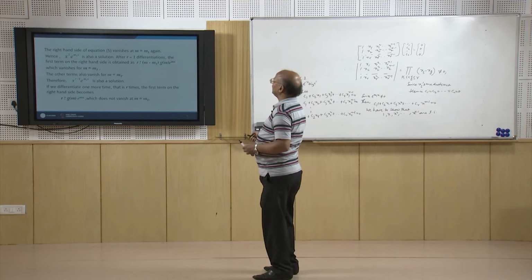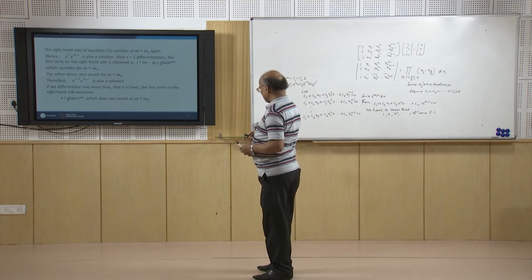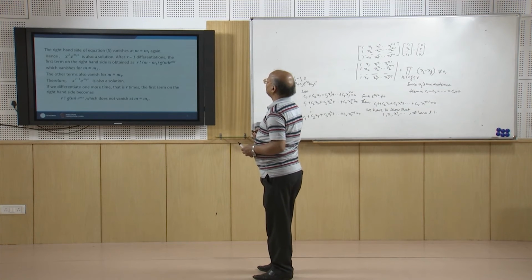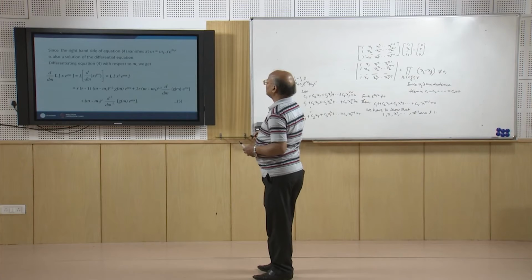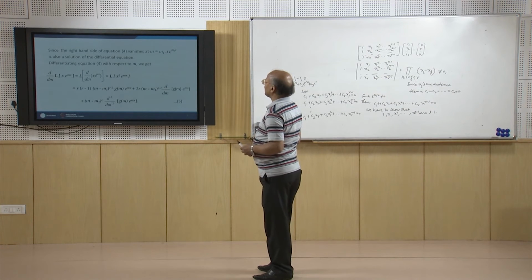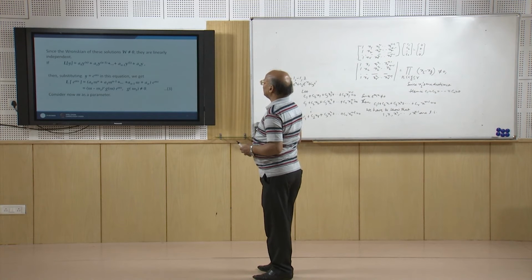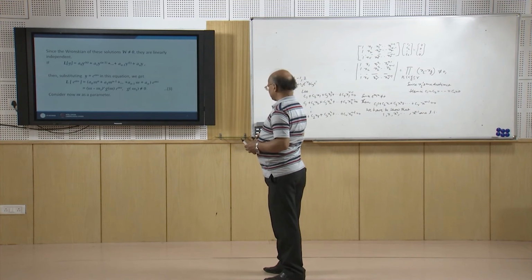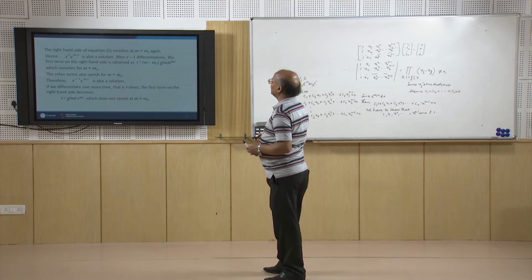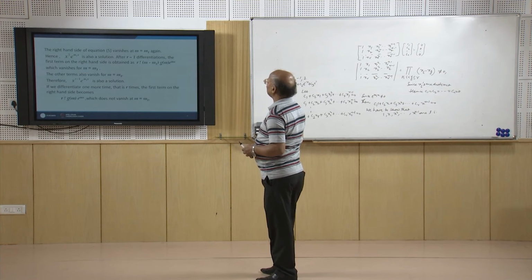So, in this manner we continue, and after we differentiate r minus 1 times, the first term on the right hand side is obtained as r factorial (m minus m1) g(m) e to the power mx, which vanishes at m equal to m1.